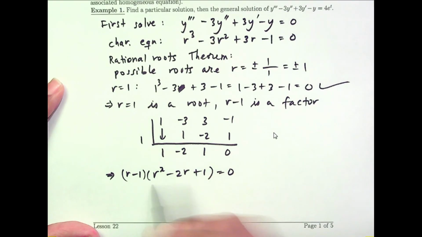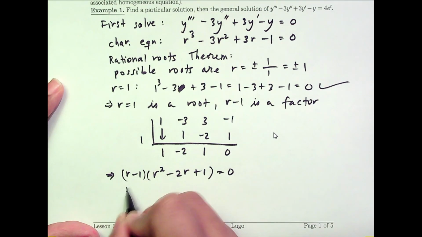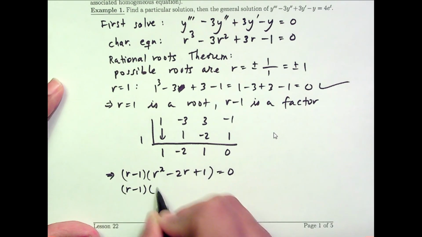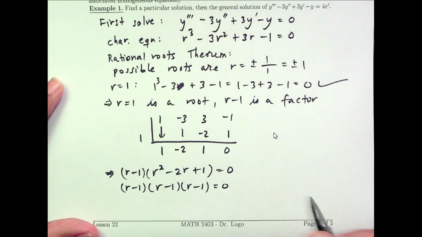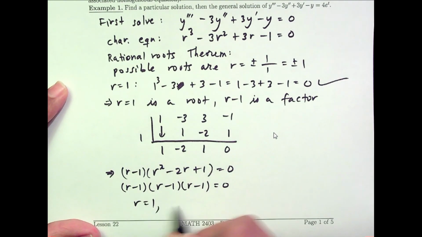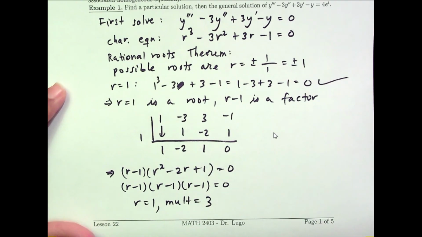For this one, you can factor it or use the quadratic formula, but it actually factors: r minus 1 times r minus 1 equals 0. So actually we have r equals 1 with multiplicity 3.